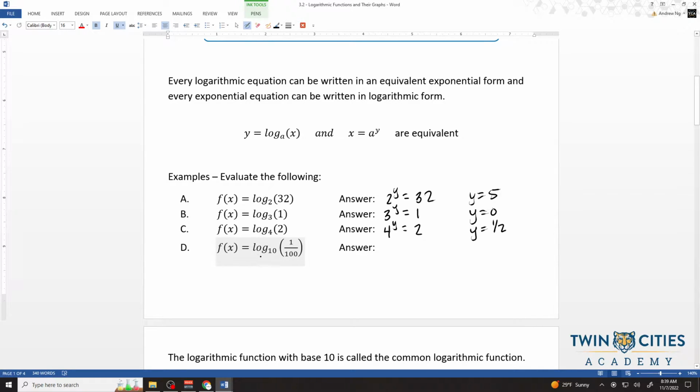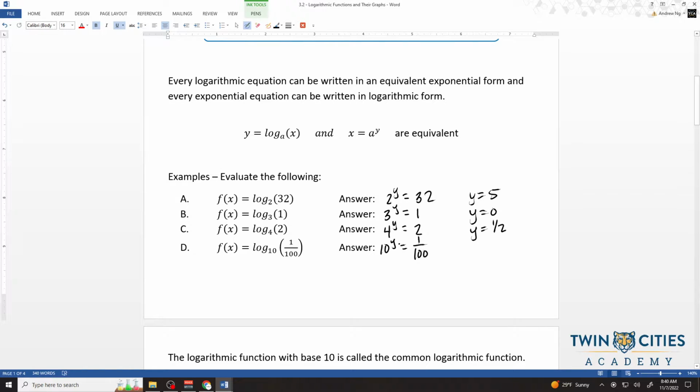Last one here, log base 10 of 1/100th. All right, so let's change this up. The base of this logarithm is the base of this exponent, so then 10 to the y is equal to 1/100. All right, I know 10 to the 2nd power is just 100, but I don't want 100, I want 1/100th.